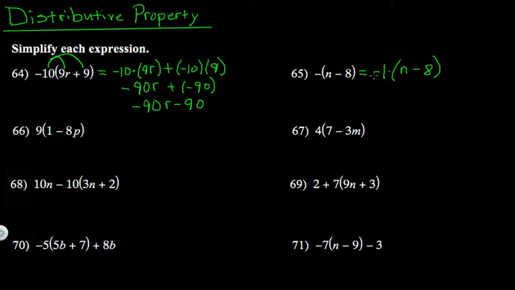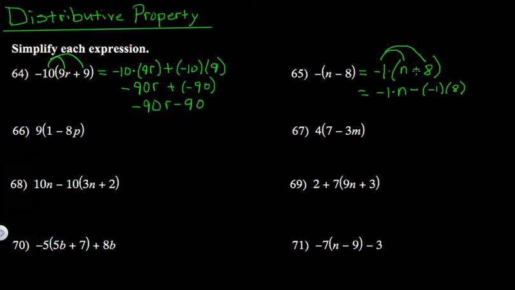So we have a negative 1, and I'm going to multiply that negative 1 times each of the terms on the inside of my parentheses. So I'm going to have negative 1 times n minus negative 1 times 8. All right, so here you have to be careful with the signs.